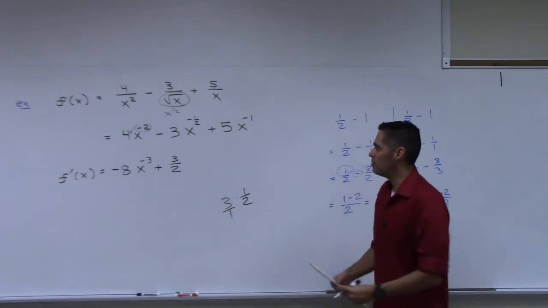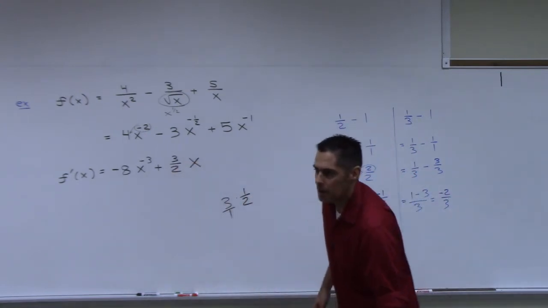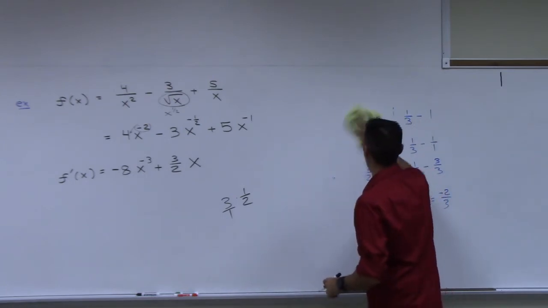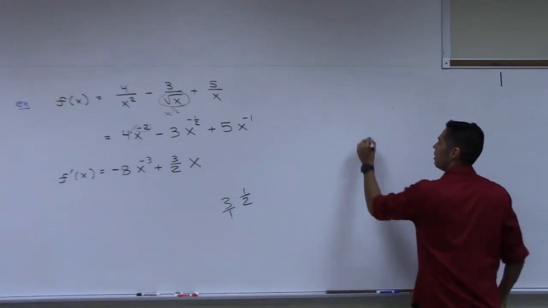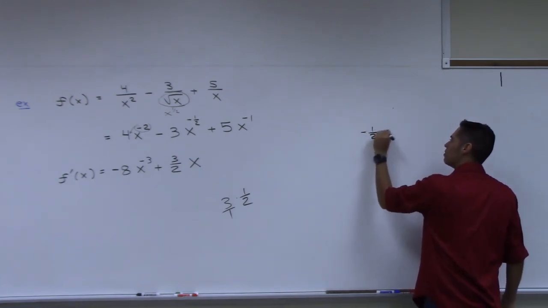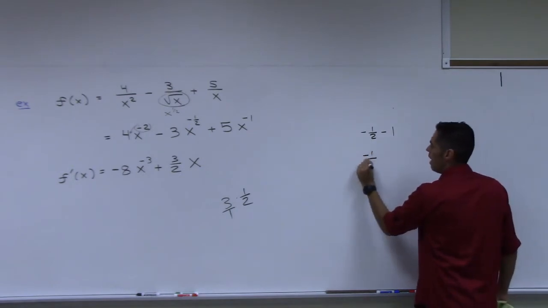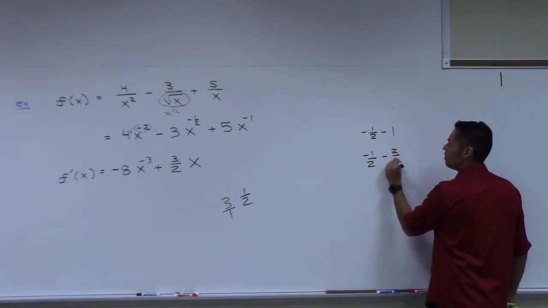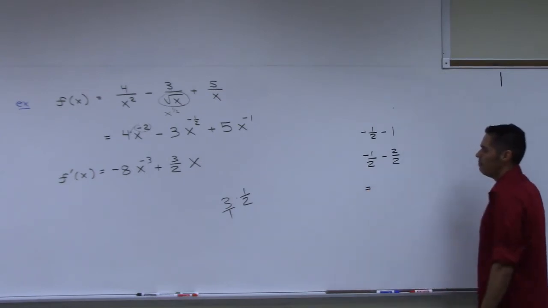What's the power? This one's tricky. X to the, you're going to have to do negative 1/2, and you're going to have to subtract 1. I'm going to do that over here. You're taking negative 1/2 and you're subtracting 1, which is the same as saying negative 1/2 minus 2 over 2, which is what?